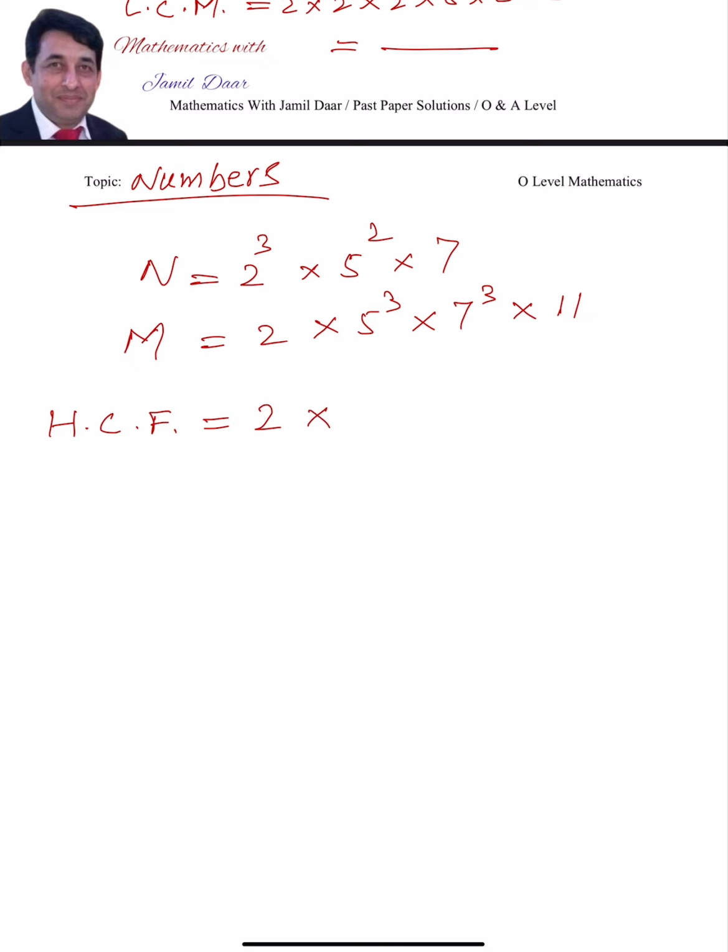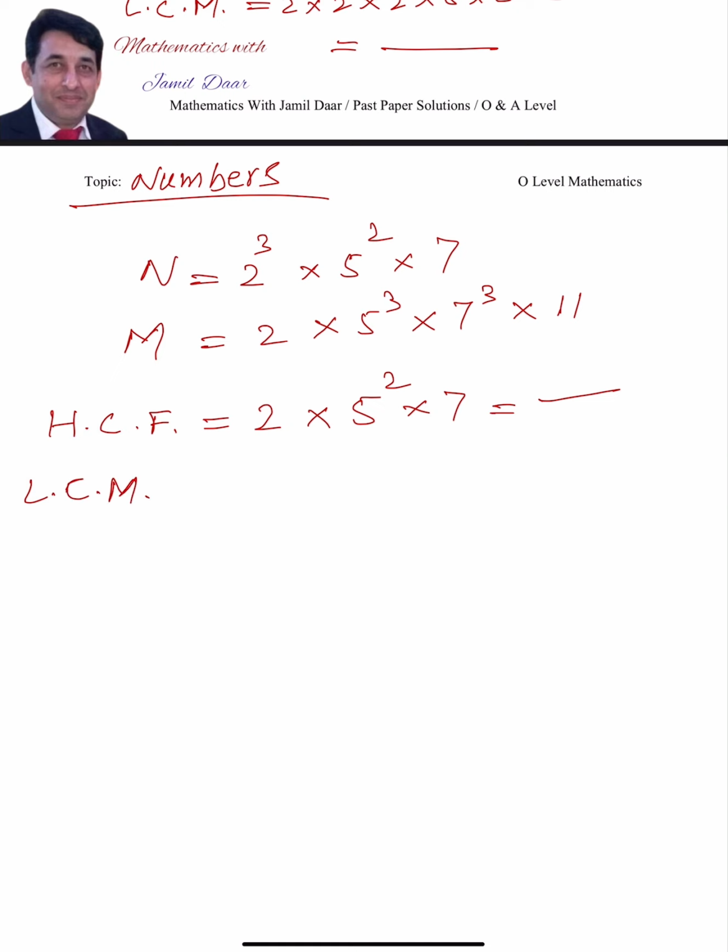And for 5, 5 square is common, because both are divisible by 5 square, so 5 raised to the power 2. And for 7, the highest common factor is 7. So that's the answer.